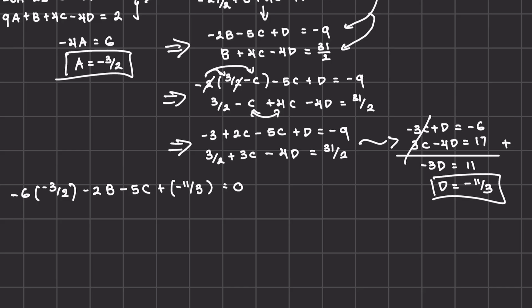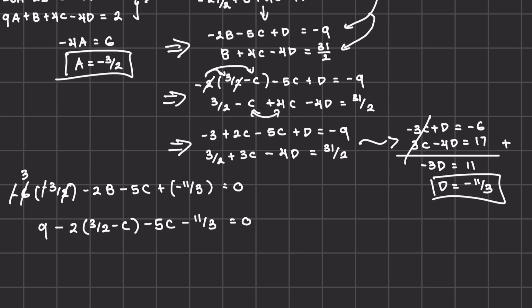And then doing that, let's cancel out the negatives here and simplify this. That's going to be 3. So we have 9 minus 2 times B. B is just 3/2 minus C from this equation right here. Remember at the start? So we have that minus 5 times C minus 11/3 equals 0.